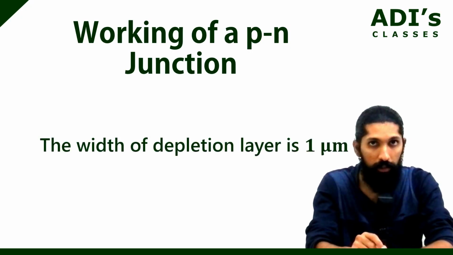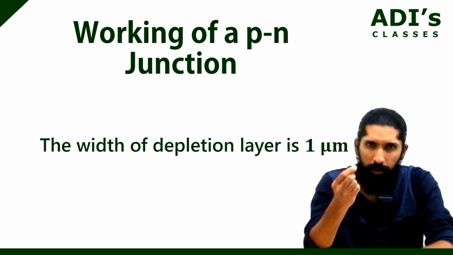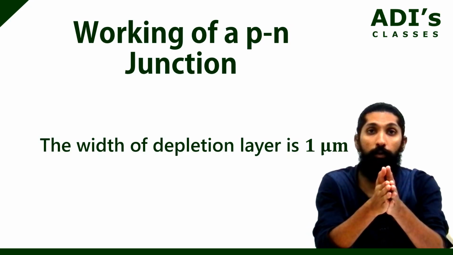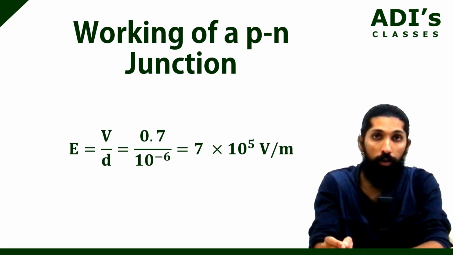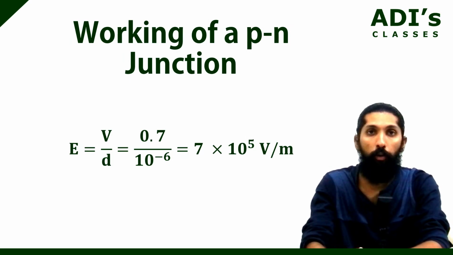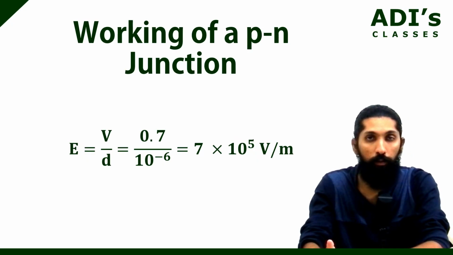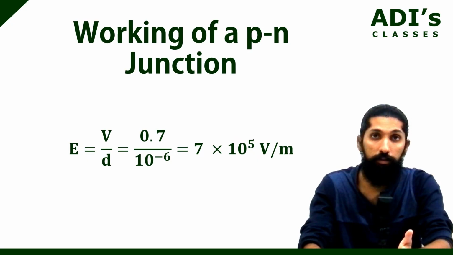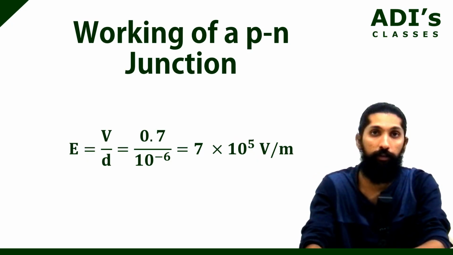Depletion layer is around 1 micrometer, 10 power minus 6 meter, very, very thin. That means within a thickness of 1 micrometer, there is 0.7 volt of potential barrier. So the electric field is going to be 0.7 by 10 power minus 6, which is 7 into 10 power 5 volt per meter. It's a huge electric field. Don't you think so?